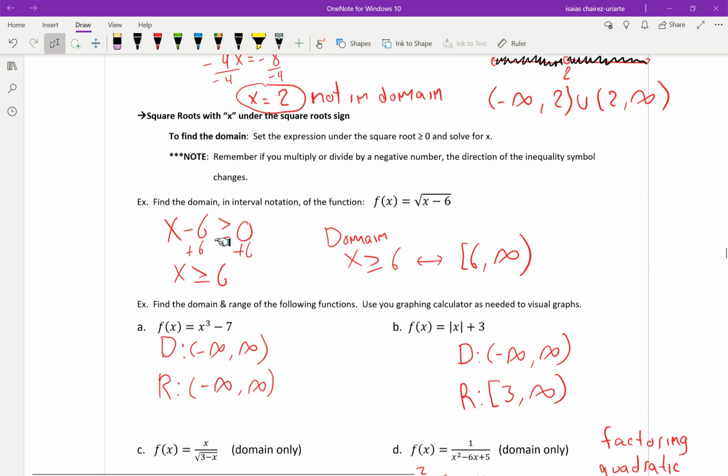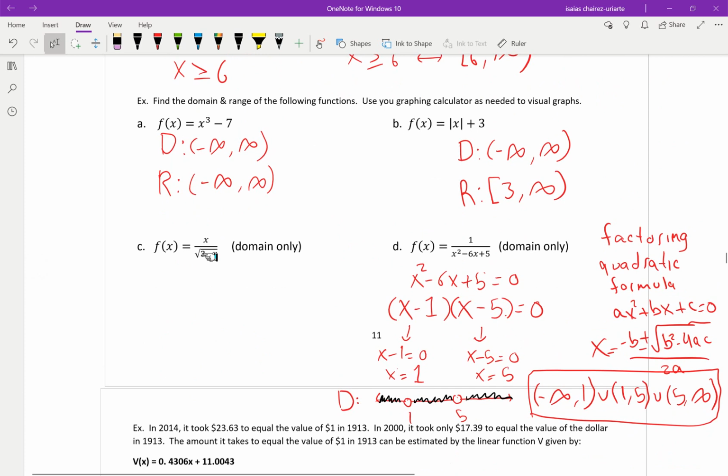Well, right now I do not want the equal to 0 part, because if it's equal to 0, I'm going to be dividing by 0. So I'm going to have to use a strict inequality: 3 minus x is strictly bigger than 0. I don't want this thing to be equal to 0, because otherwise my denominator will be 0.